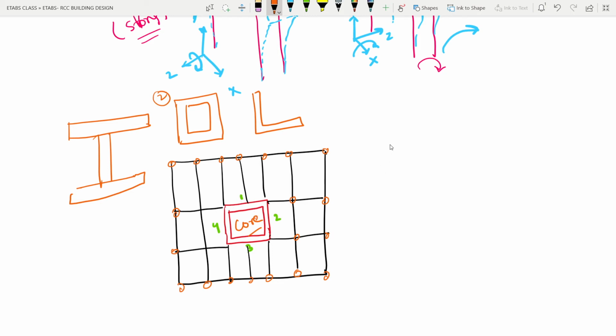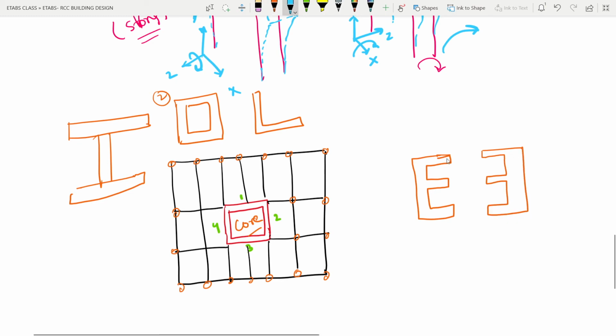Now how will we provide this in a real case? Suppose we'll be having the lift core like this, and the other side like this. Obviously people have to come out from here and go there, so we need to provide them an opening so that they can go.